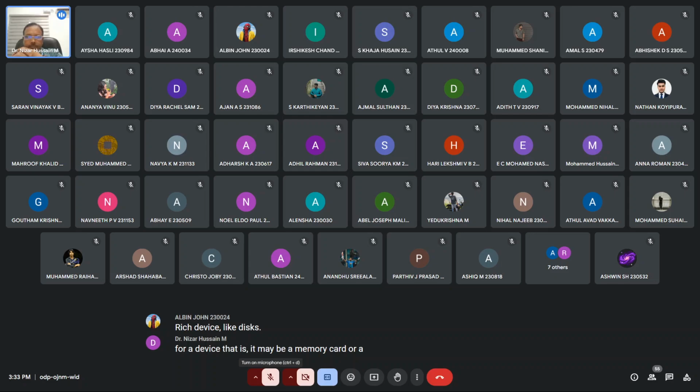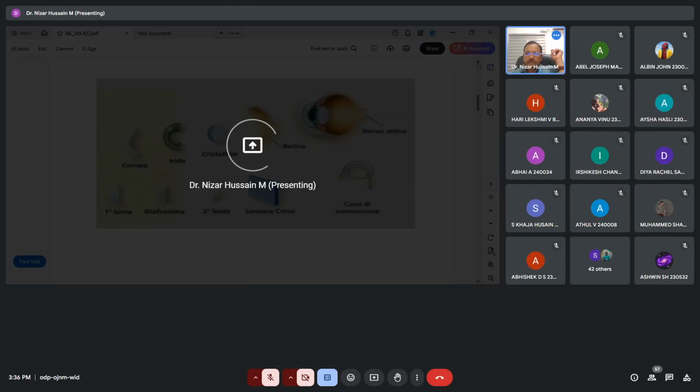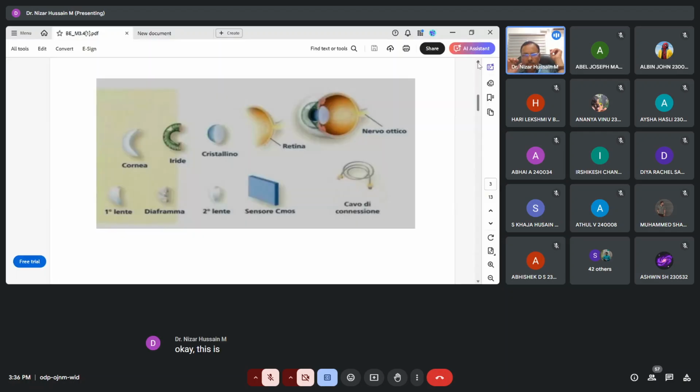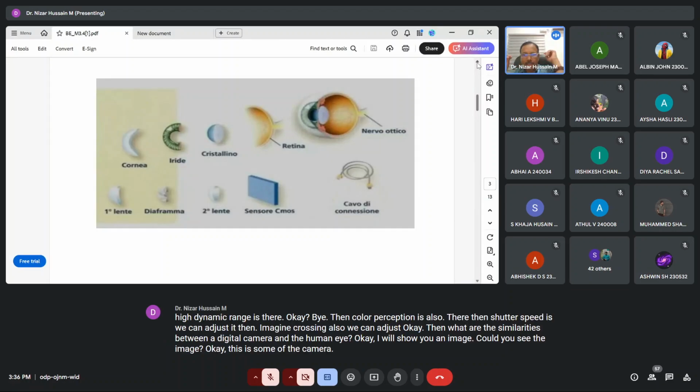Yes, sir. Okay, this is some of the comparison. In the eye, there will be a cornea, crystalline lens, retina, then nerves. In the camera, a lens is there, then a diaphragm, then a second lens, then sensors, a processing device, then cable connections, etc.